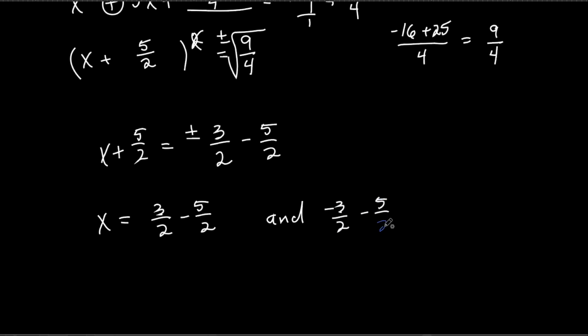So watch what's going to happen. What's 3 minus 5? Negative 2 over 2, which is negative 1. What's negative 3 minus 5? It's negative 8 over 2, which is negative 4. Is that the same exact answer as we got before? It is. Okay? It's a different way of getting it, but we still got the same answer.